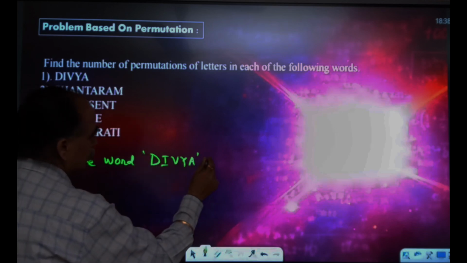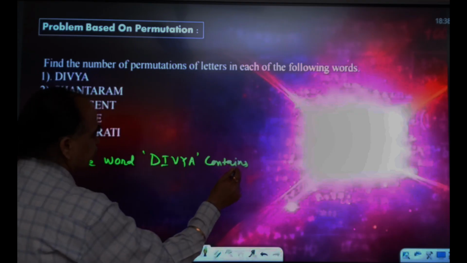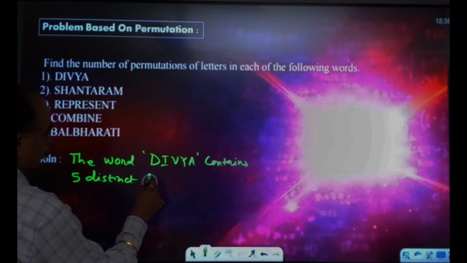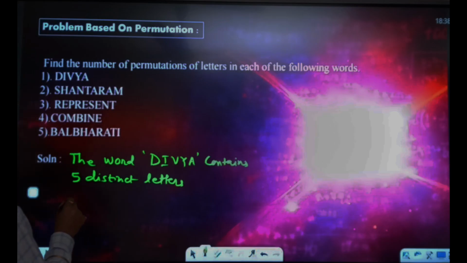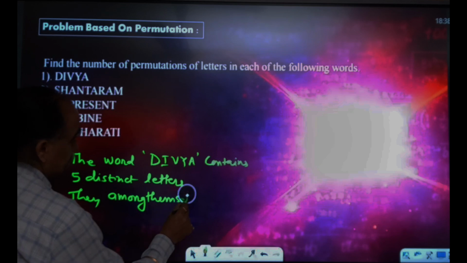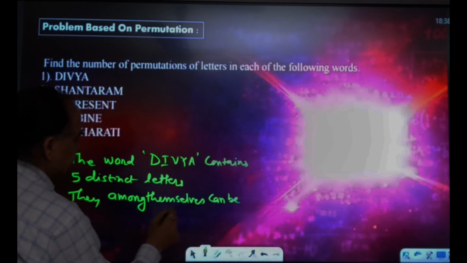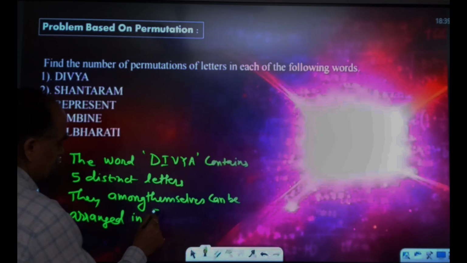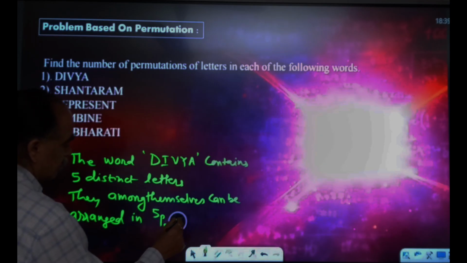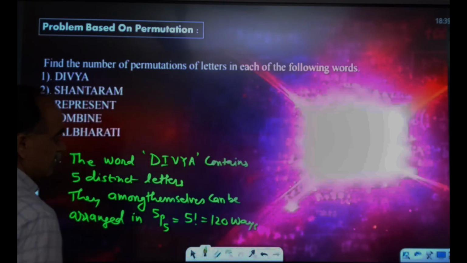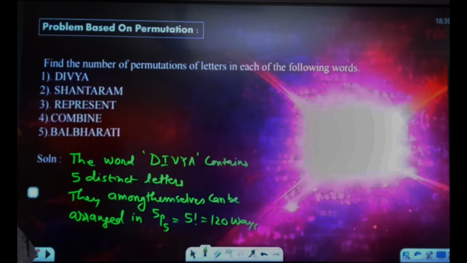They among themselves can be arranged in 5P5, 5 factorial, 120 ways. In Divya no letter is repeated, so this is 120 ways.